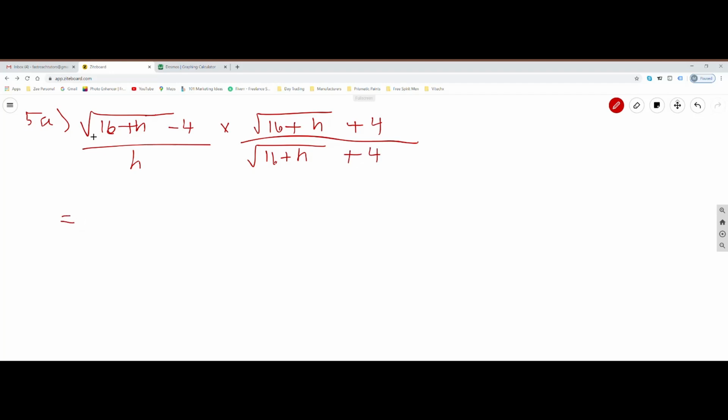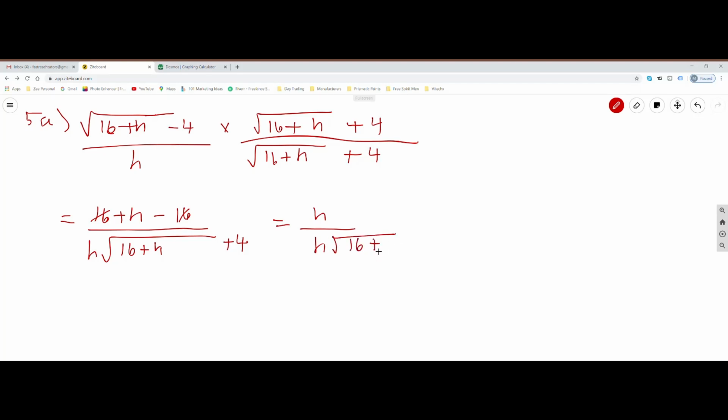When you multiply square roots, they disappear and you're just left with what's in the bracket, so it's 16 plus h, and then negative 4 times positive 4 is minus 16, over h times square root of 16 plus h plus 4. So the 16's cancel and you're left with h over h times square root of 16 plus h plus 4.